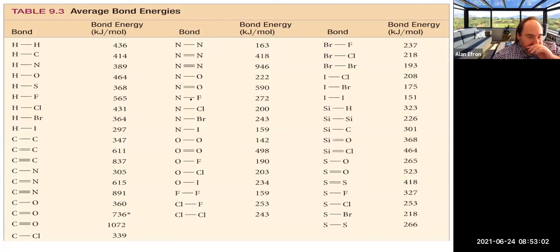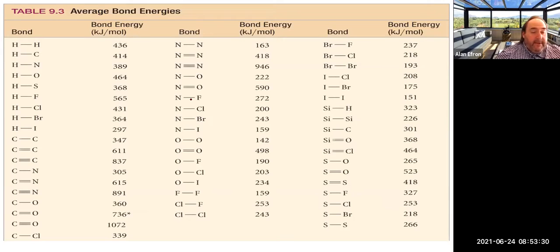So here's a table of bond energy. It's not from your book, but you have a similar one in your book, and obviously this would be provided for you if you needed. You could use a table such as this to help you determine the total amount of energy when we have a chemical reaction and we go from reactants to products. We do see what we talked about.